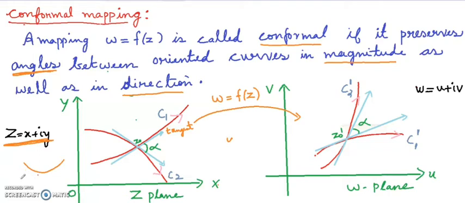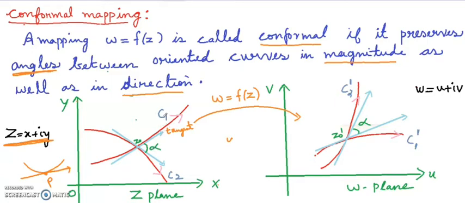For any curve, we can draw the tangent line at some point P. Here the tangent line to C2 is this line, and to C1 the other line, and alpha is the angle made by these tangents.